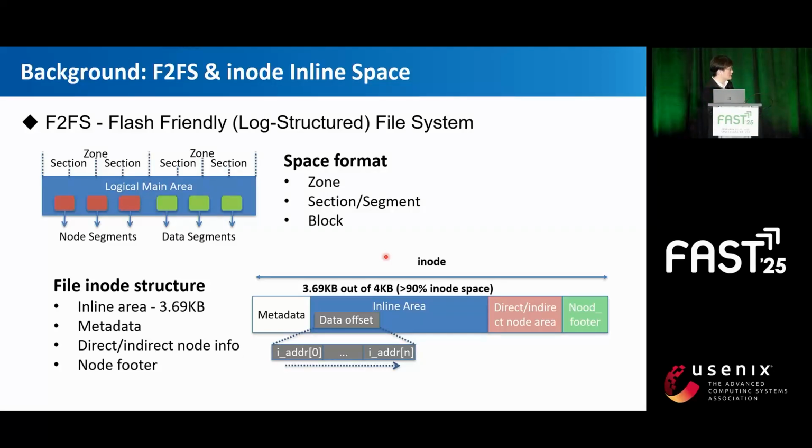But according to our analysis, this area is often underutilized, and there is much free space here. So our approach is delta compression. Our basic idea is to utilize this unused area to store the tiny delta to reduce the write stress.